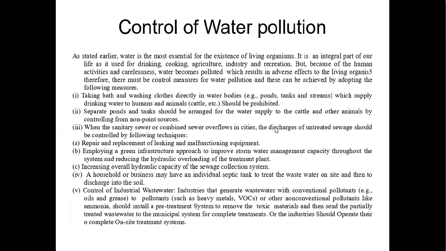Water pollution can be controlled by adopting different measures. Taking baths and washing clothes directly in water bodies should be prohibited, and separate ponds and tanks should be arranged for the water supply to cattle and other animals, controlling non-point sources.